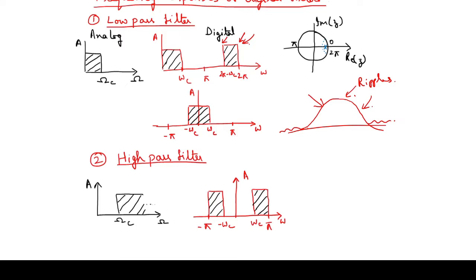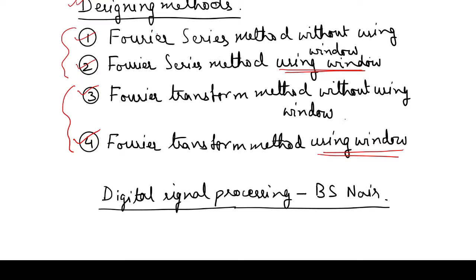Today we will be discussing mostly the Fourier series method without using the window. The reason being, this is one of the easiest, and once you understand this, understanding the other three filters becomes easier, and those three we'll be discussing tomorrow.